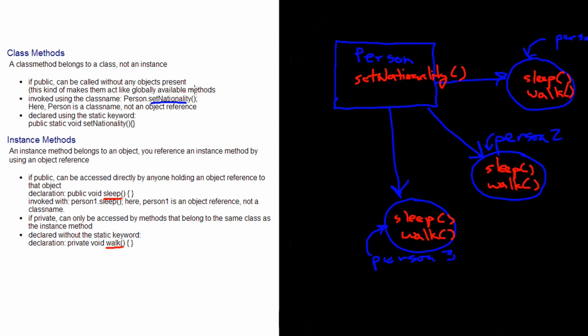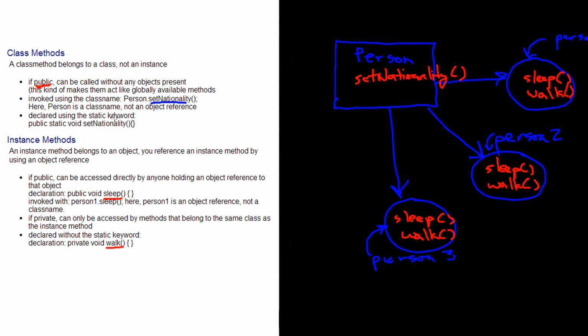It's kind of nice to have a class method in that you can call it before any objects are created. The method is available, and in fact if the class method is also marked public, then it's kind of like a globally accessible method. You can call it any time.